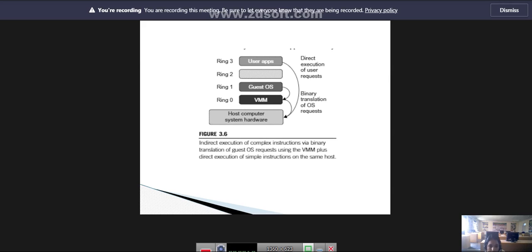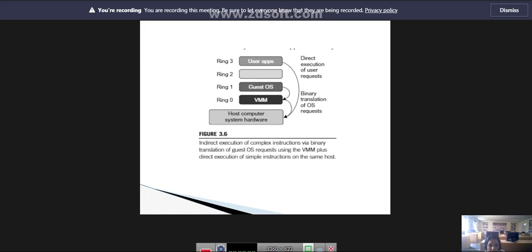Then only it will be solved. The user application will be moved directly to the host computer system hardware, but when the guest operating system is making any request to the host computer, it will first be moved to the VMM, the hypervisor, and then passed to the host computer system hardware.